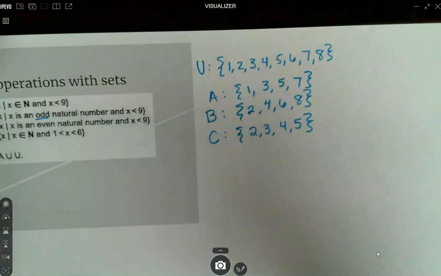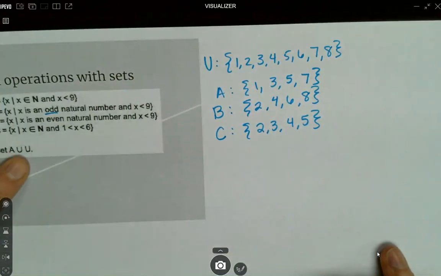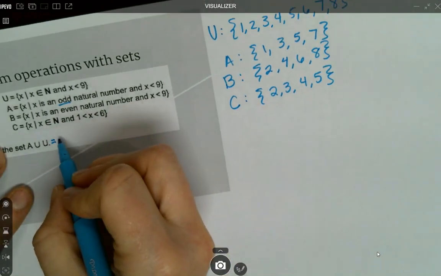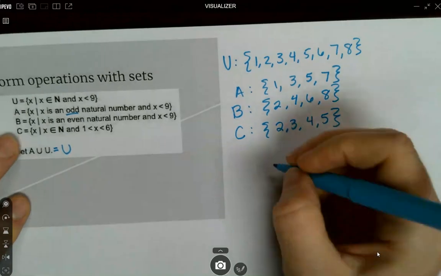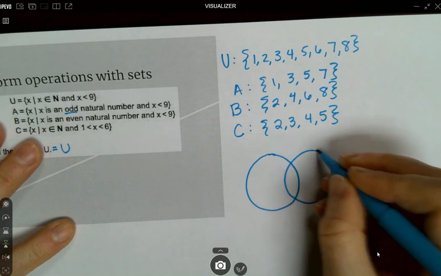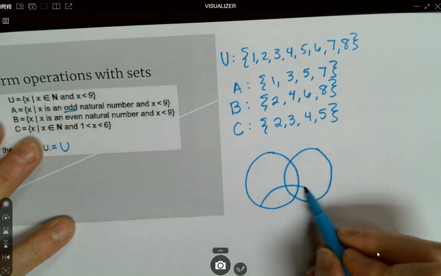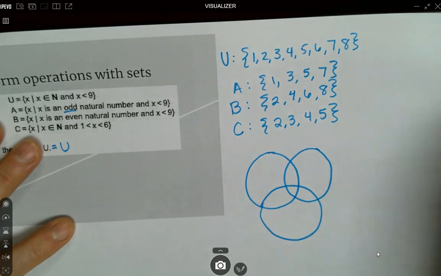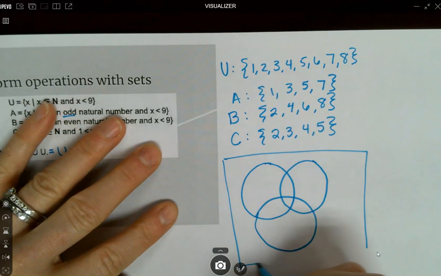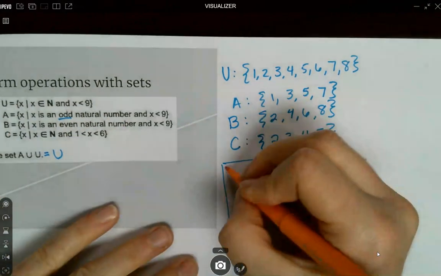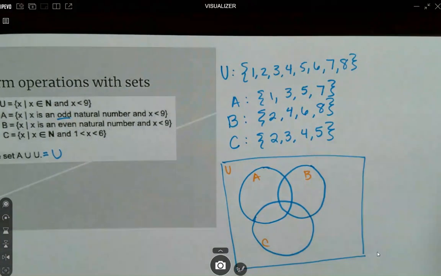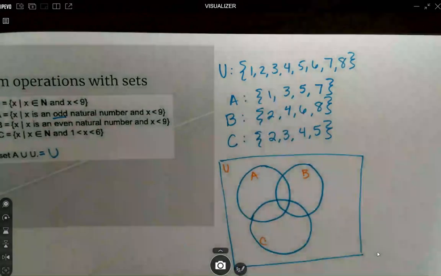Okay, so we want to find A union U. A union U is just U, the universal set. I do want to go ahead and make a diagram. This would be U, and this would be A, B, and C. So let's put our numbers in here.